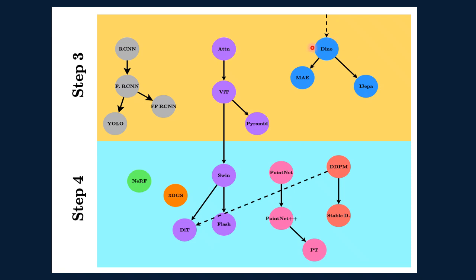But DINO is not using a separate teacher, it is using its own teacher, and the teacher is also learning from the student, and this became extremely popular. Even today we are using DINO's encoder as a backbone when it comes to processing images.